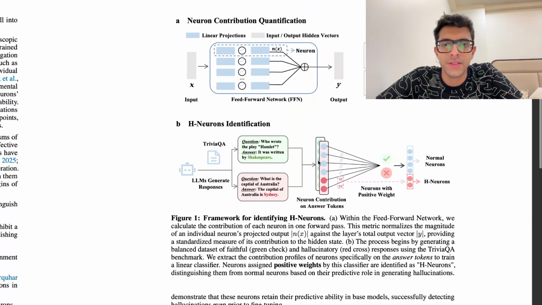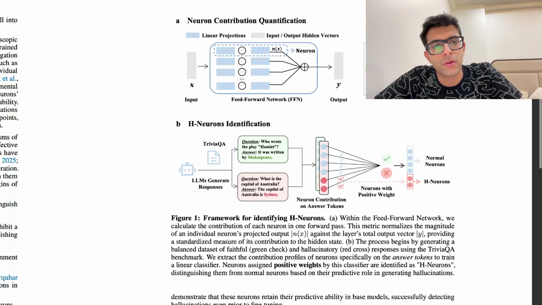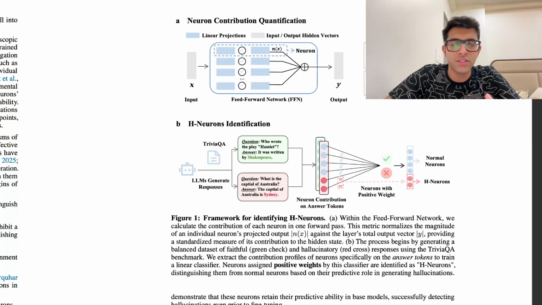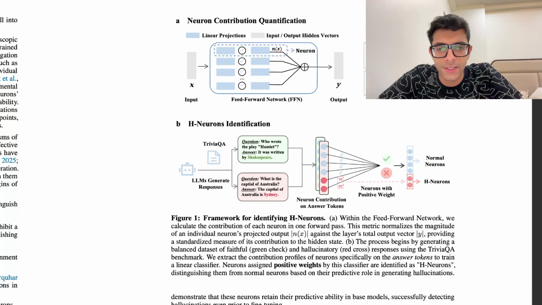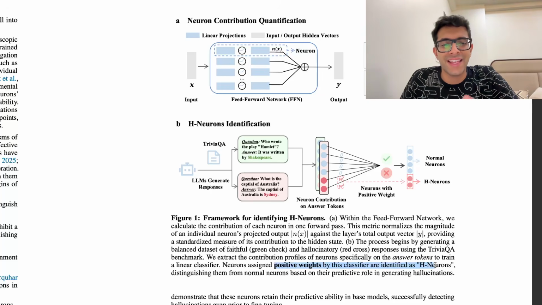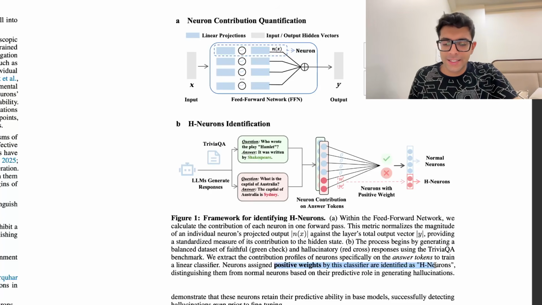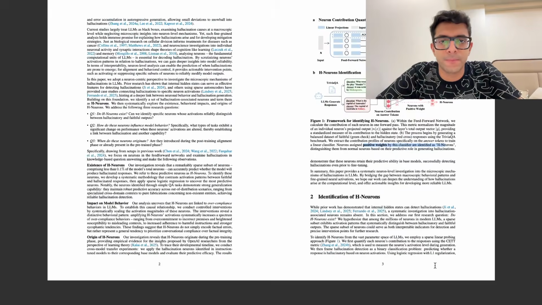If you look at this picture, the simplest way to explain it is that they calculate the contribution of neurons using this formula, which is known as the set, and we use it in a feed forward network. The neurons which get a positive weight are classified as H neurons, the ones that may lead to hallucination. And this is the major thing that they use.